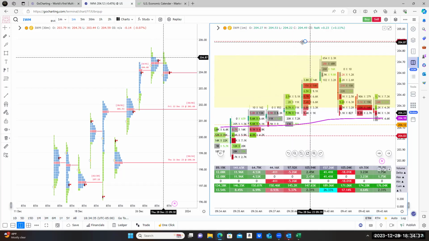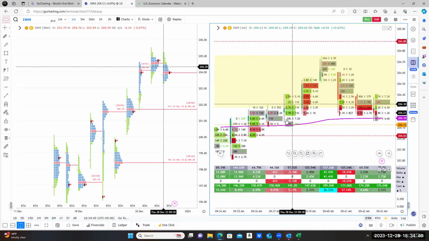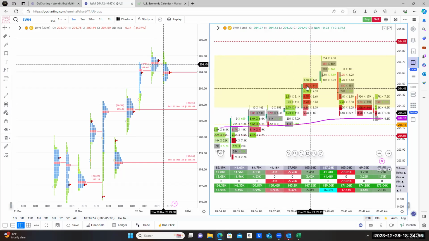On top of this, we have a poor high, meaning price went up this high. What was yesterday, the 27th. As we approach this area, you can see there's buyers here. See the green positive delta, a positive volume on this candle. Negative volume as we enter into the area.